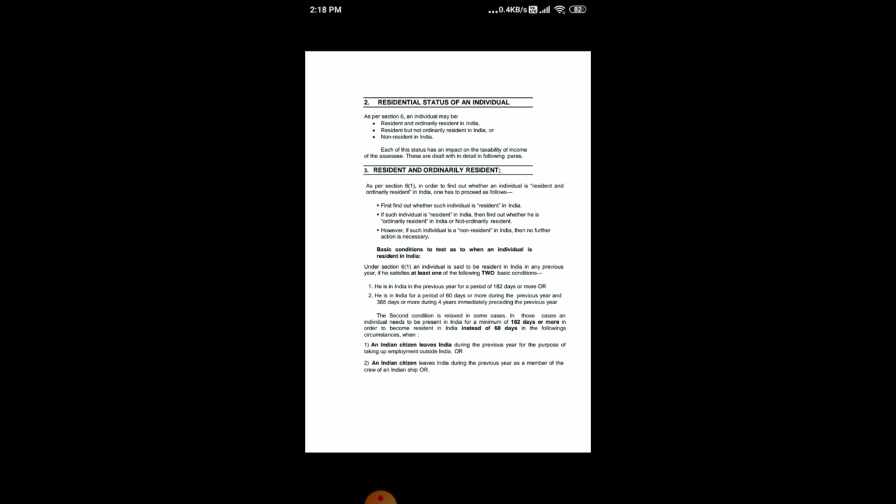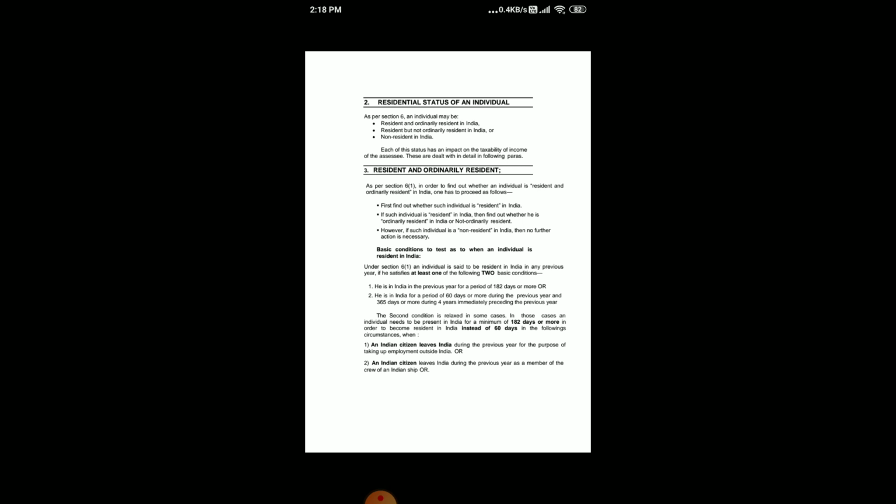So the basic conditions to test as to when an individual is resident in India or not, which are said in Section 6, subsection 1 of the Indian Income Tax Act of 1961: He is in India in the previous year for a period of 182 days or more.